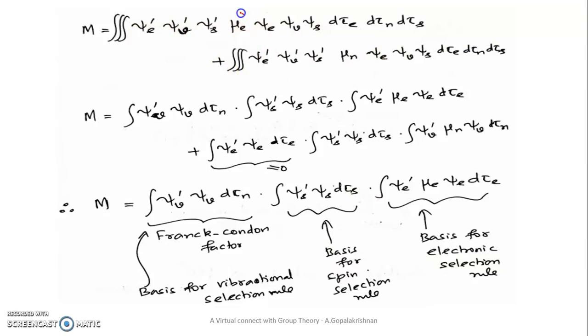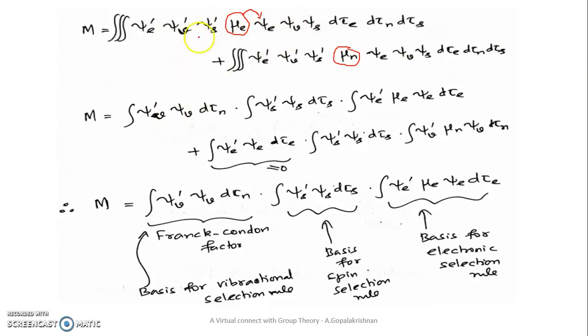In the first integral we have the electronic dipole moment operator, and in the second integral we have the nuclear dipole moment operator. Now listen, this electronic dipole moment operator operates only on the electronic function. Therefore the vibrational and spin functions are just constants here, so you can take them out.